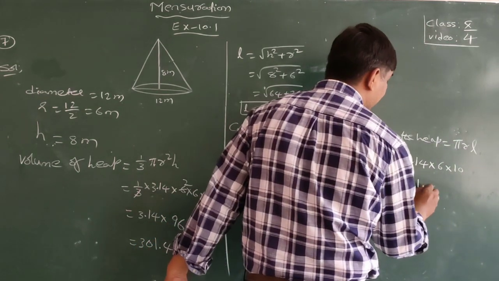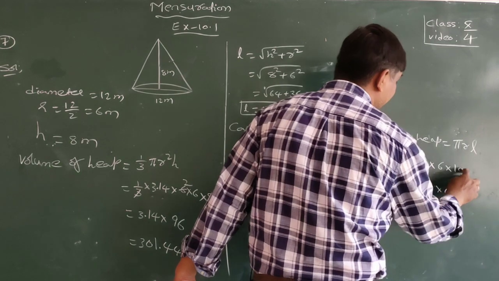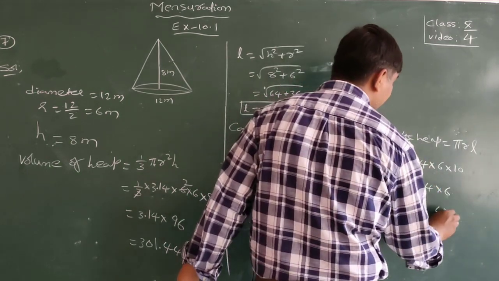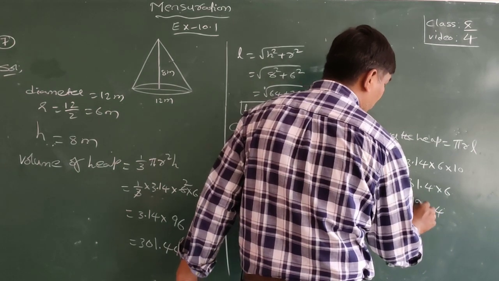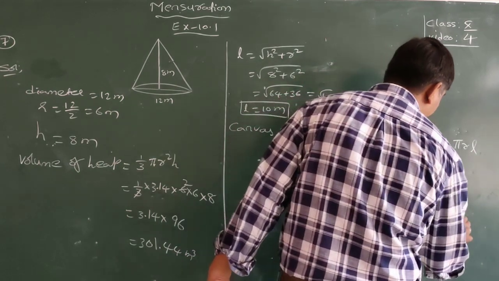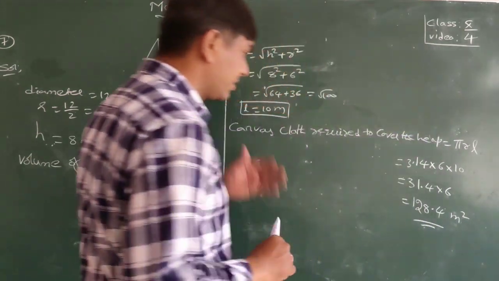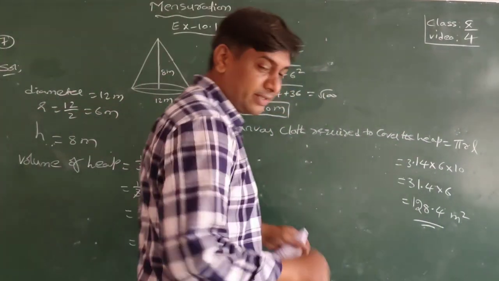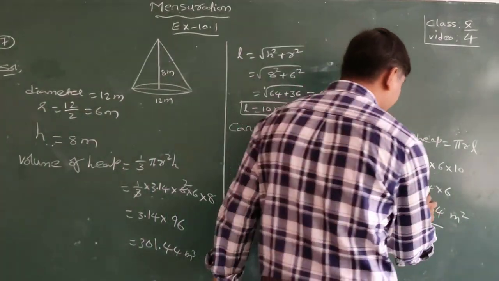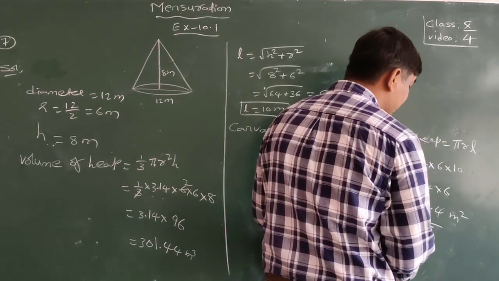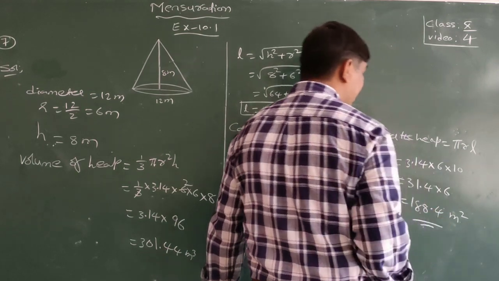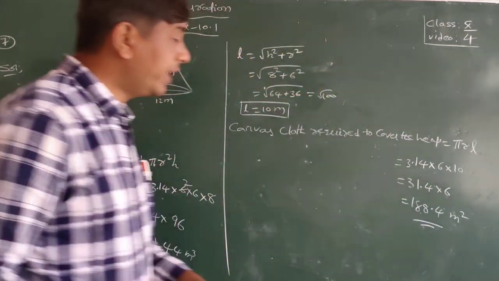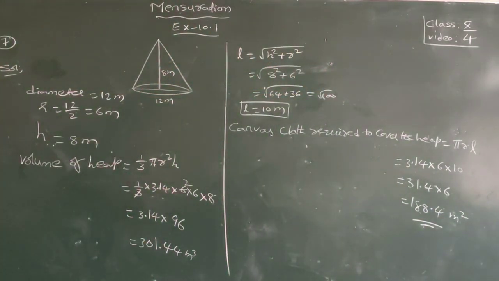That is equal to 31.4 into 6. 6 fours are 24, 6 ones are 6 plus 2 is 8, 6 threes are 18, so the answer is 188.4 square meters.